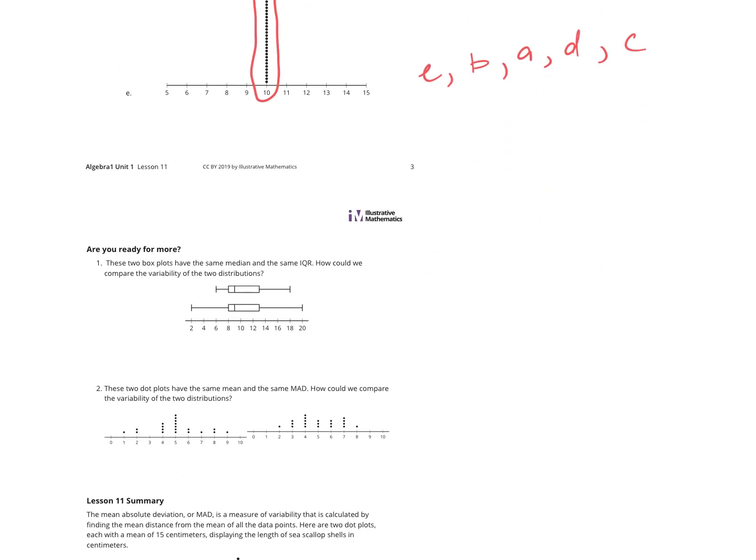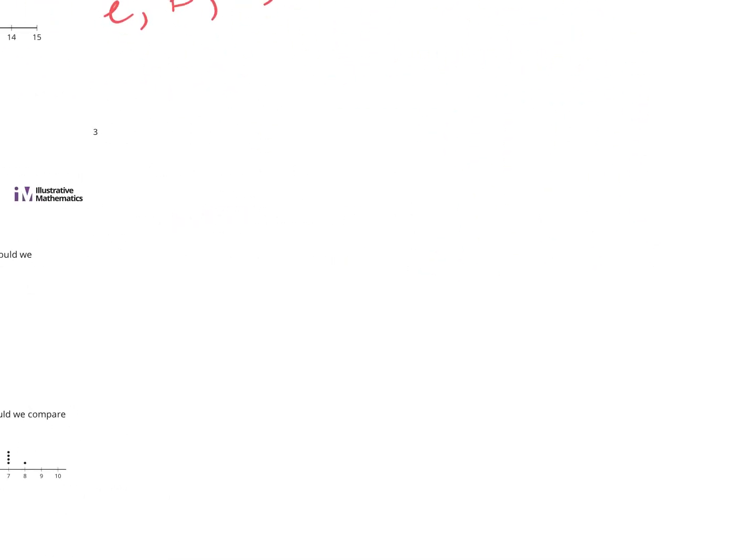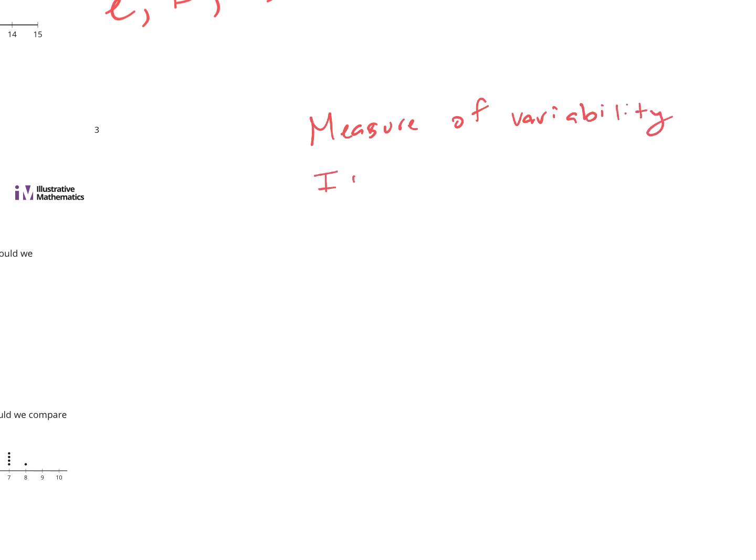All right, so key things to remember here when we're talking about measure of variability. So far, the two measurements that we have been working with are IQR and MAD. IQR goes hand in hand with the median. MAD goes hand in hand with mean.